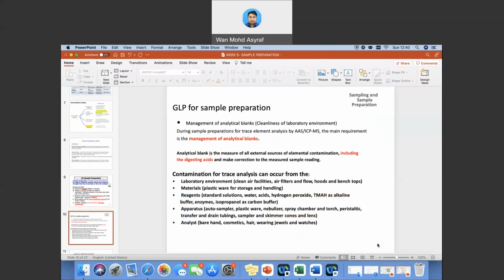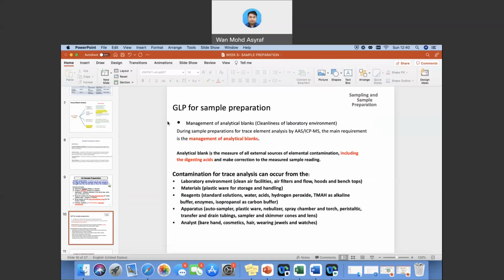Okay. So the good laboratory process for sample preparation is basically the management of analytical blanks in terms of the cleanliness of the laboratory environment, because you need to avoid cross contamination. This is for GLP, good laboratory practices.